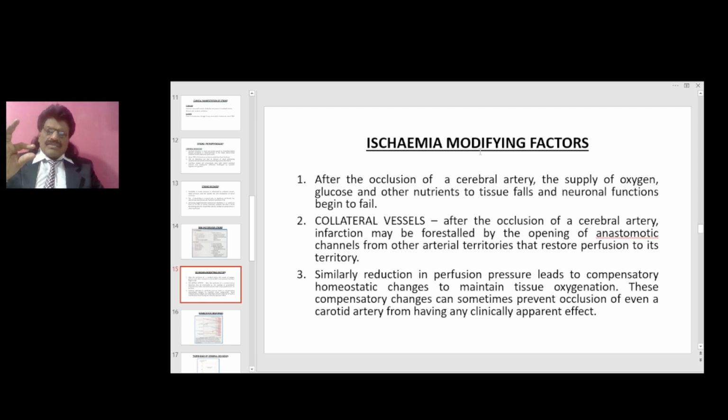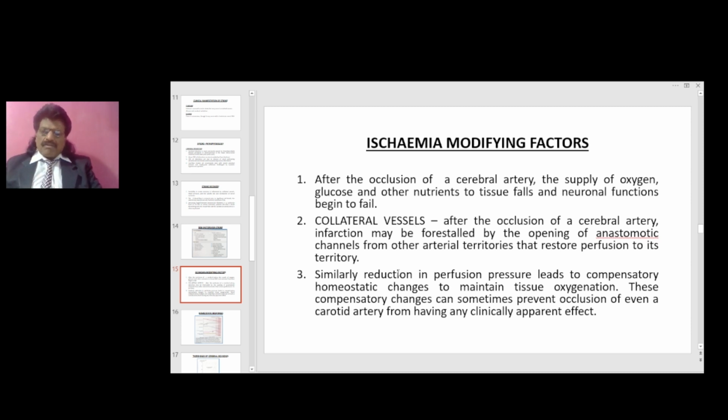Here come the collateral vessels. After the occlusion of a cerebral artery, infarction may be forestalled by the opening of the anastomotic channels from the other arterial territories that restore perfusion to its territory. So very important are collateral vessels.